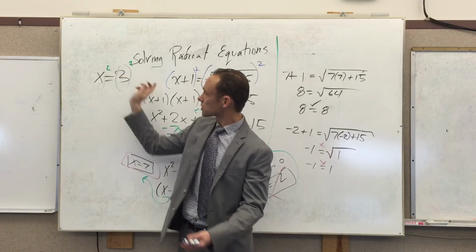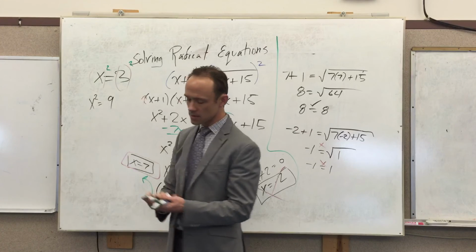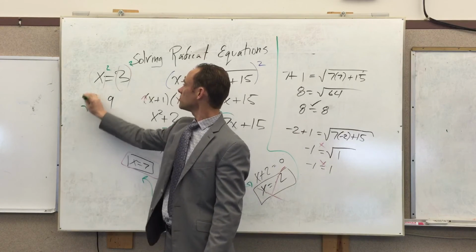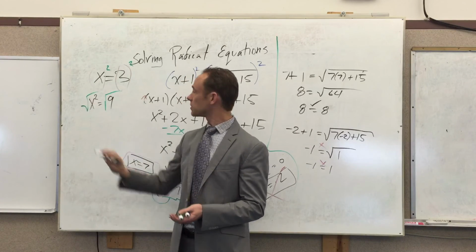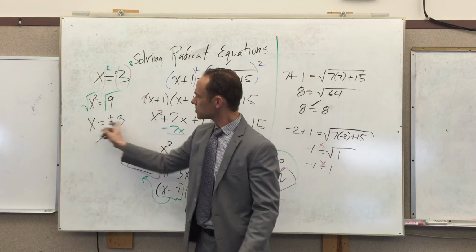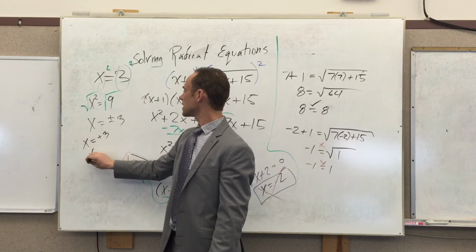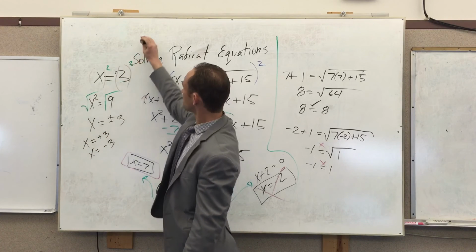Alright, so what we're going to do is square it. That gives us x squared is equal to 9. And now we're going to solve by square rooting, and we get x is equal to plus or minus 3. Notice there's two answers there: x equals positive 3 and x equals minus 3.